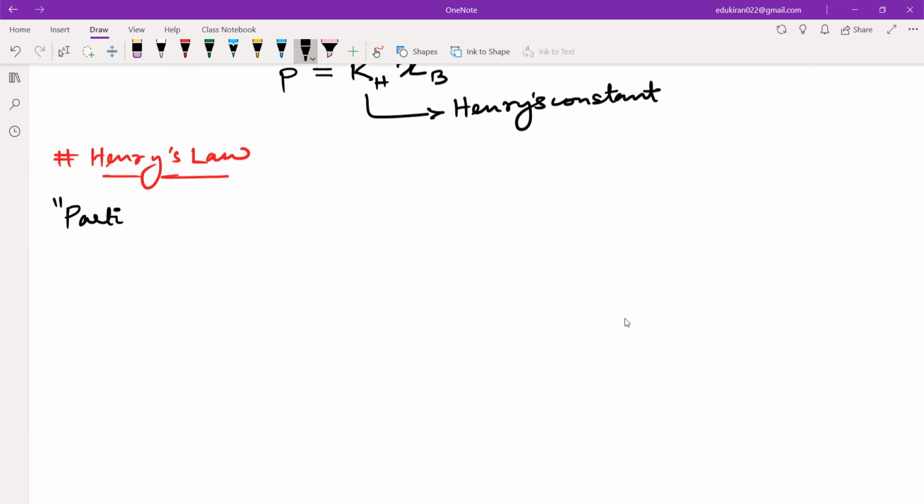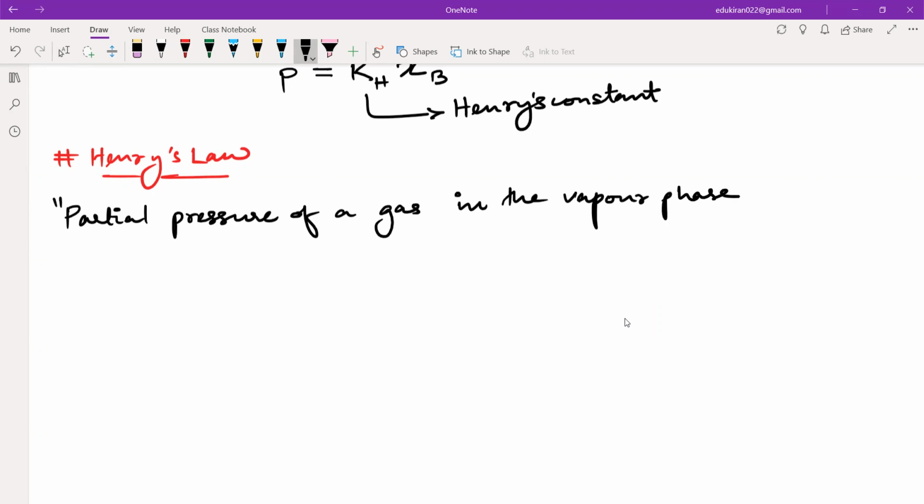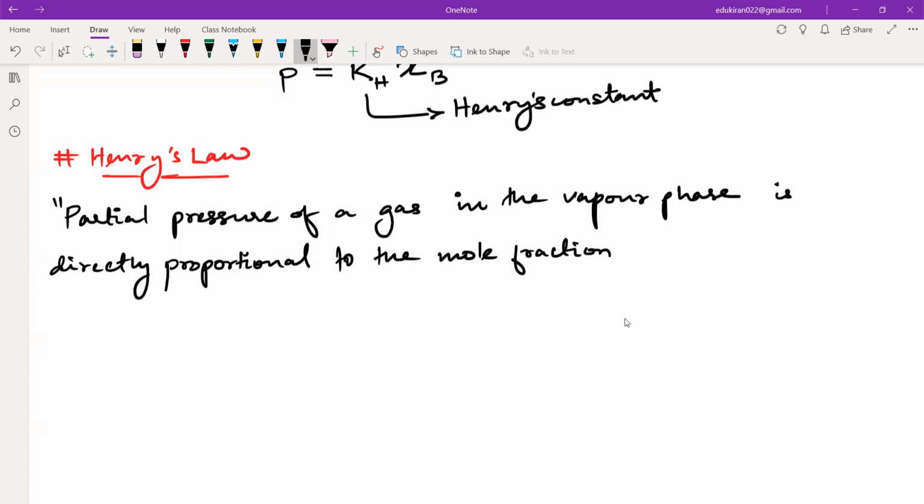Partial pressure of a gas in the vapor phase is directly proportional to the mole fraction of gas in solution.